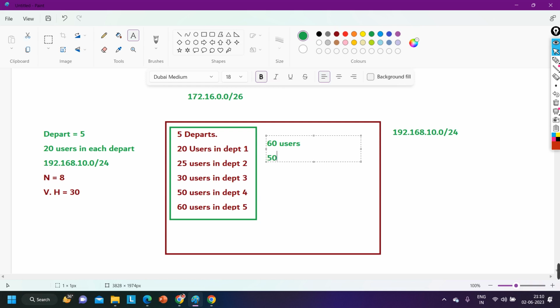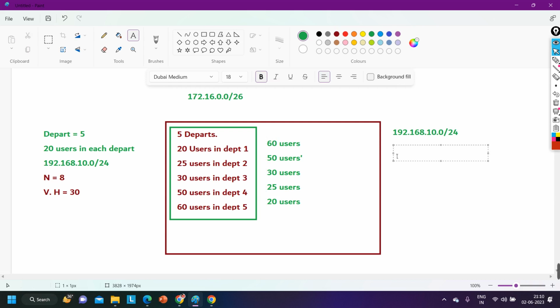After that, 50 users, then 30 users, then 25 users, and then 20 users. Now try to understand the requirement. First you will perform subnetting for 60 users.